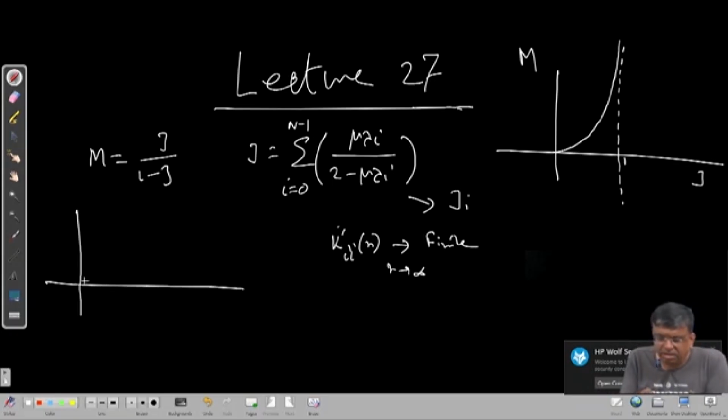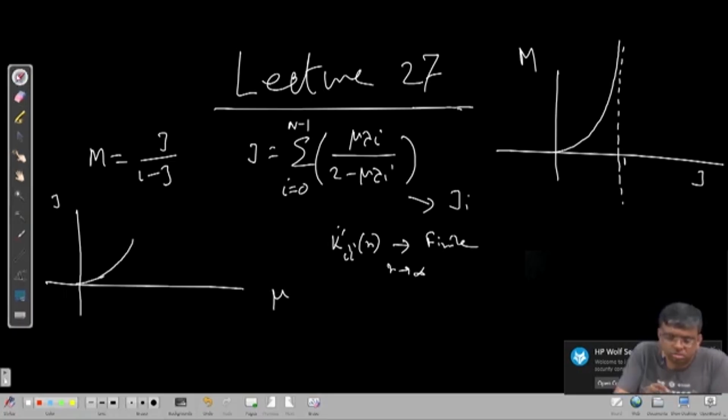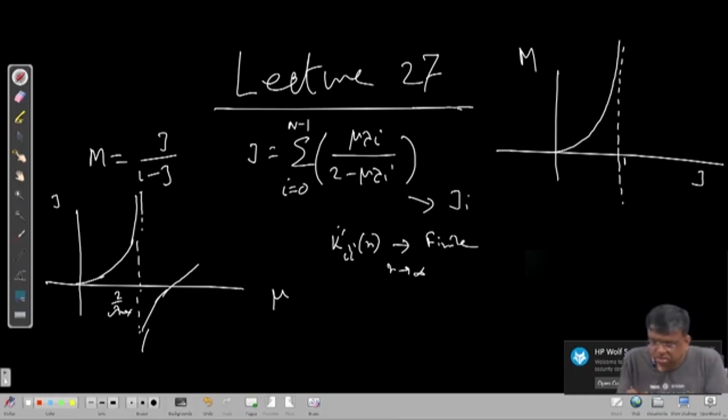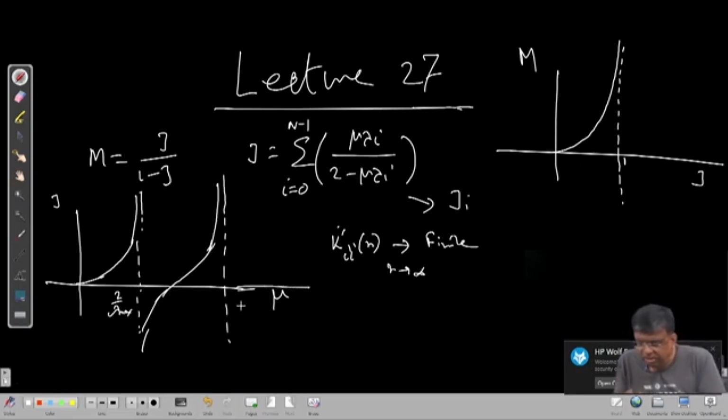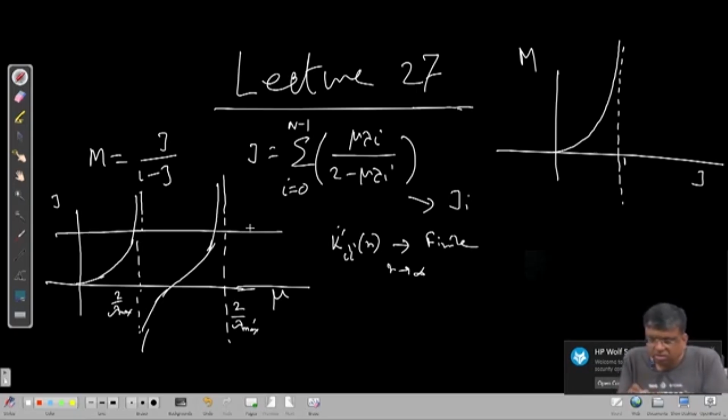and I am not going to explain again. This J versus mu was like this. So, 2 by lambda max will occur first, then again next one, maybe another 2 by lambda max prime, that is next to lambda max, the next value, and like this, and J equal to 1.